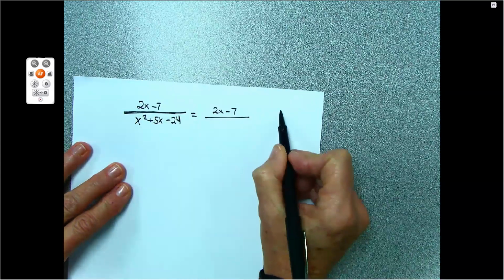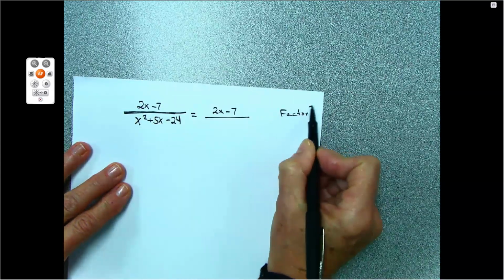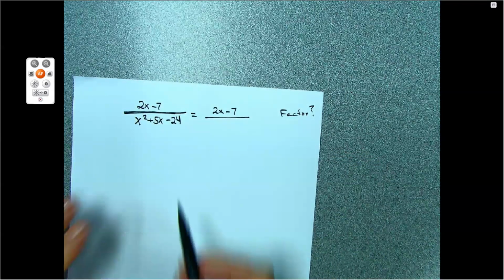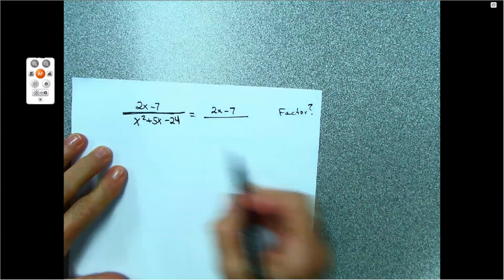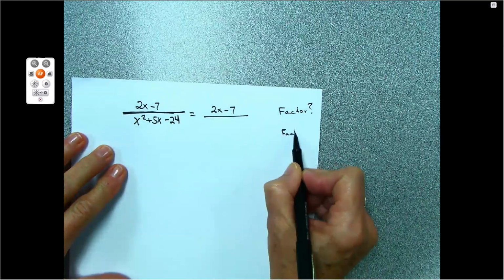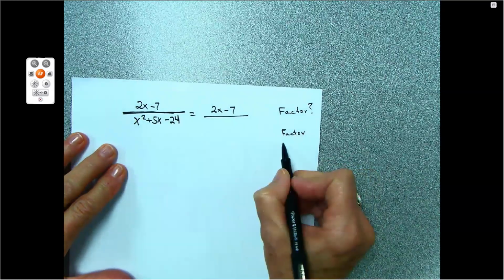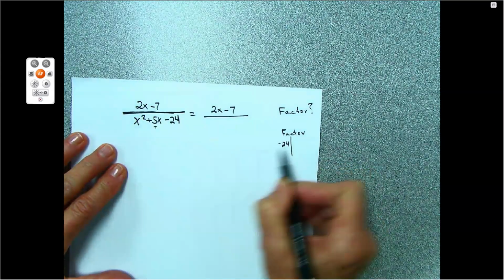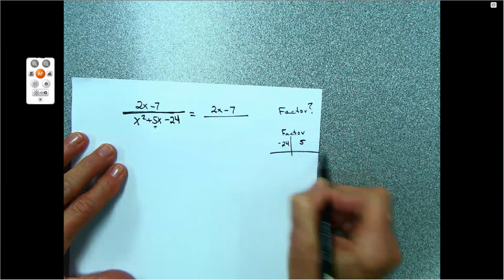So can I factor that? Looks like x squared plus 5x minus 24, ax squared plus bx plus c, a trinomial that we could factor. There's no greatest common factor, so I'm going to use my factor table. Factor pairs of -24 whose sum is the coefficient on the middle term.